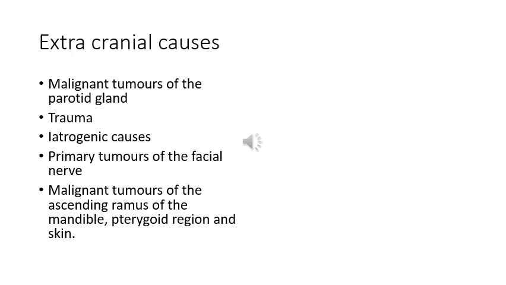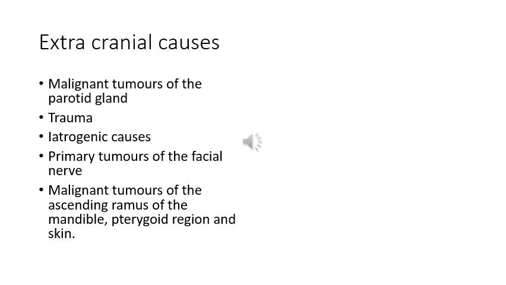That is malignant tumors of the parotid gland. So in the anatomy you have seen that once it exits the stylomastoid foramen, it reaches the parotid gland. So there the malignant tumors occurring in the parotid gland can compress the nerve or destroy the nerve. Again, trauma, then iatrogenic causes, medical negligence, or improper treatment.